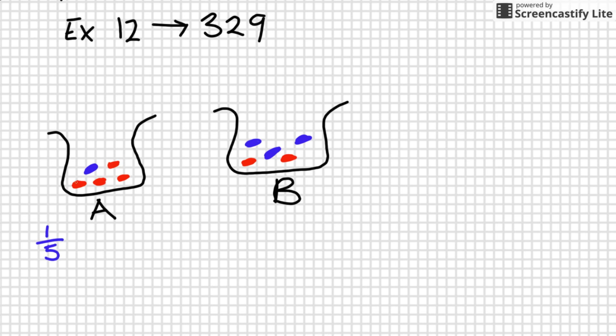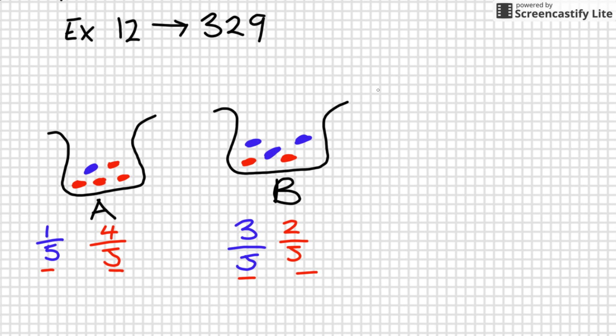And for red, we have the 4 in 5 chance. Bag B, to pick out a blue, we have a 3 in 5 chance. And for red, we have a 2 in 5 chance. So these are the probabilities of reaching into either of these bags and just pulling out a blue jelly bean or a red jelly bean.